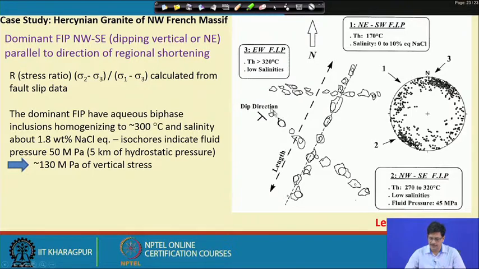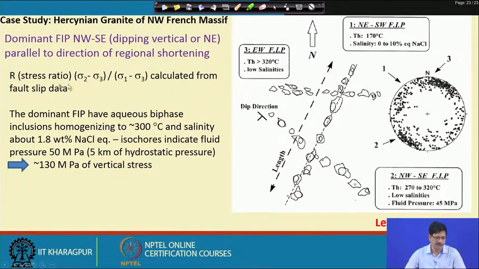But for the time being, concentrating on this particular set of fluid inclusion planes which are associated with the main deformation phase was considered.